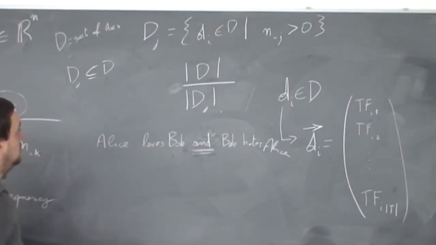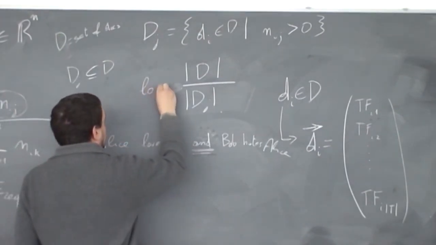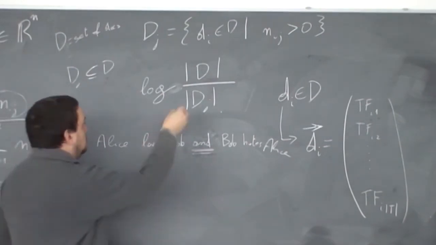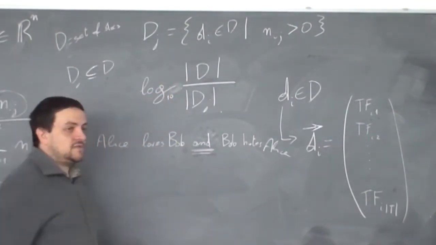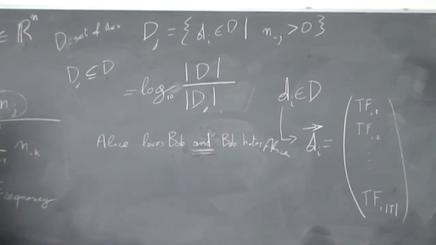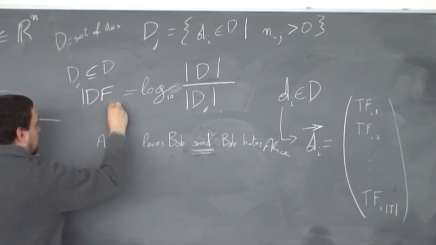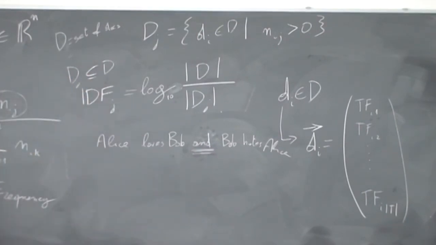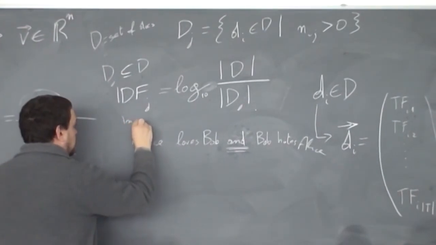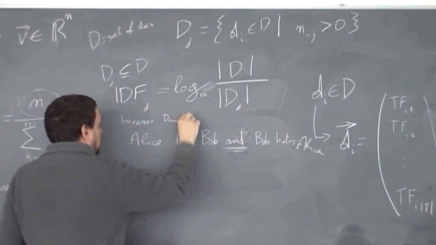Actually, in order to contain the growth of this, we can usually take the logarithm of this. Let's say base 10, which is easier to understand. And we call this the inverse document frequency of term j, IDF.